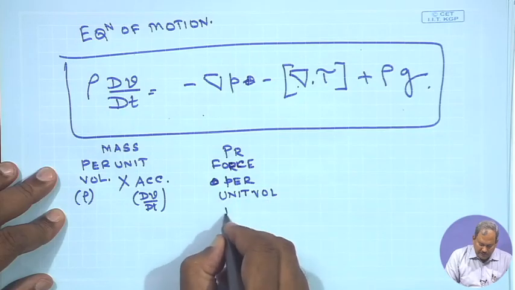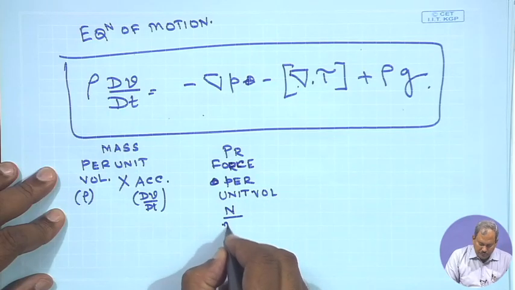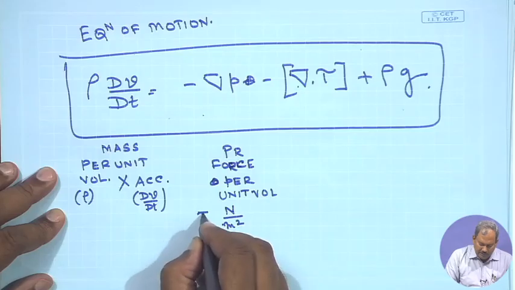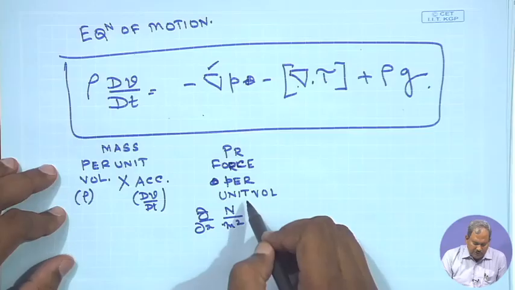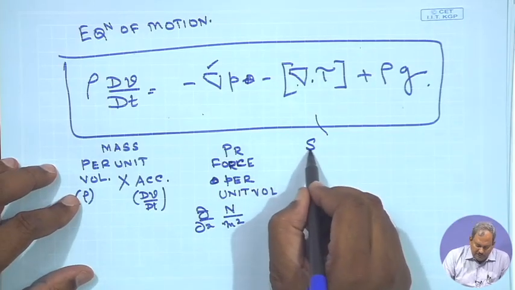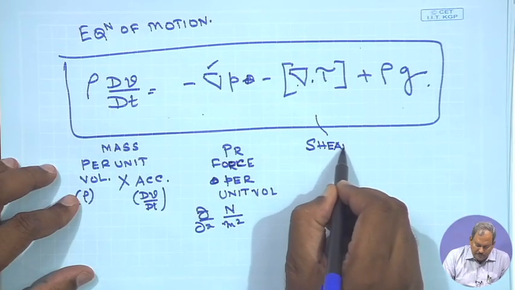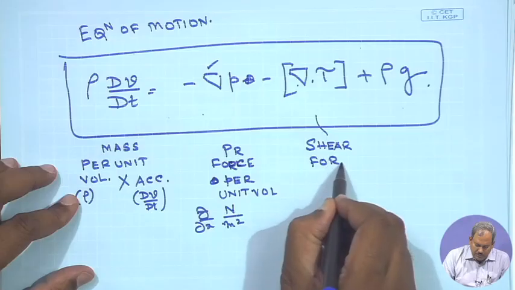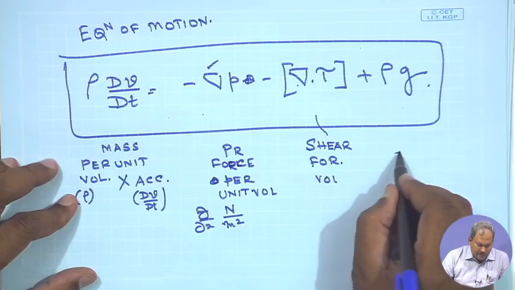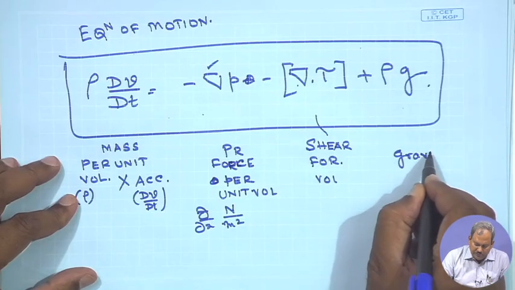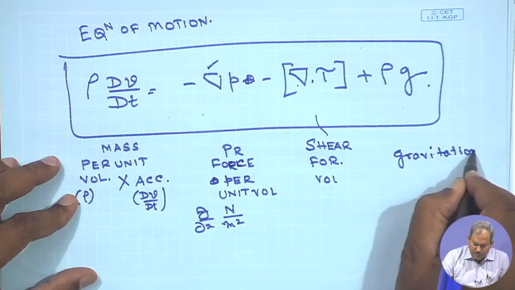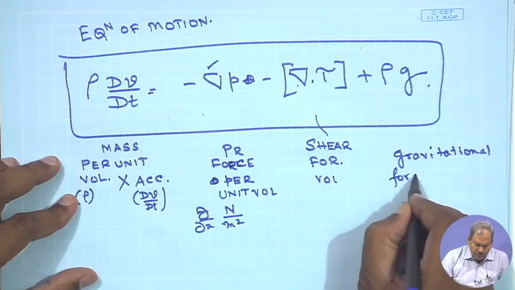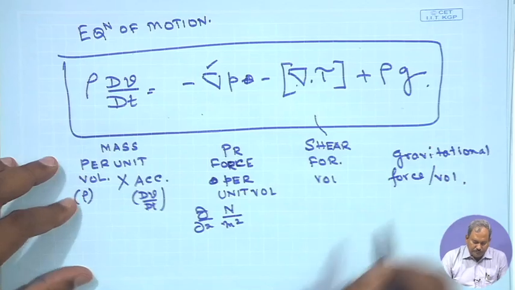because pressure is Newton or force per unit area, then you have another del x in front of it due to tau. So, this is pressure force per unit volume, this is shear force per unit volume, and this is gravitational force per unit volume.